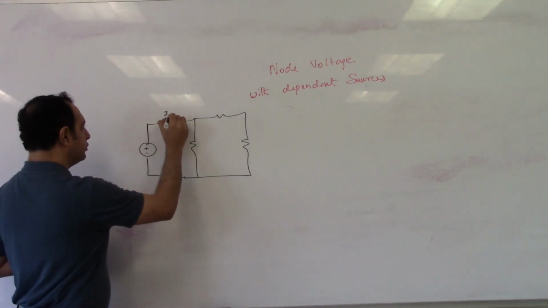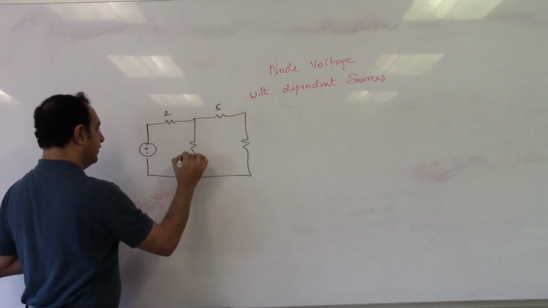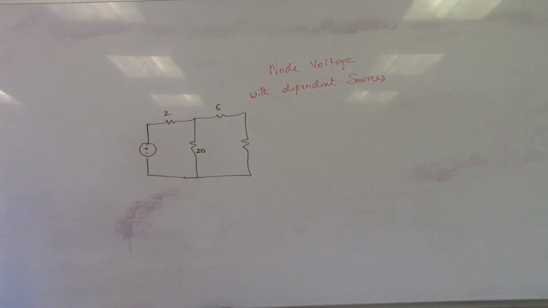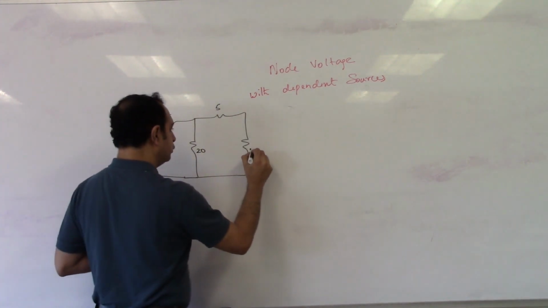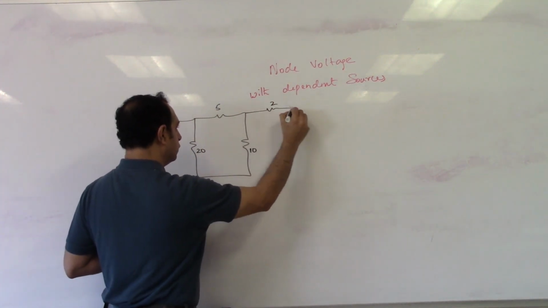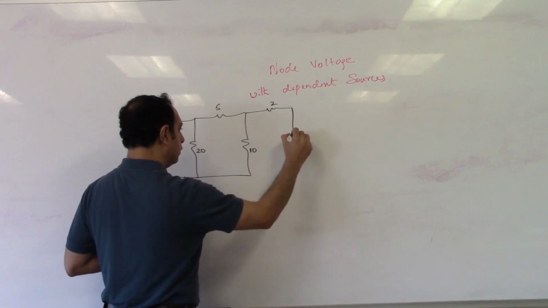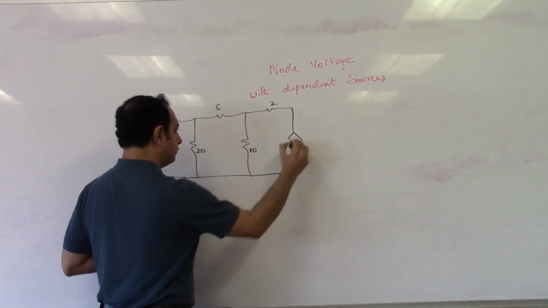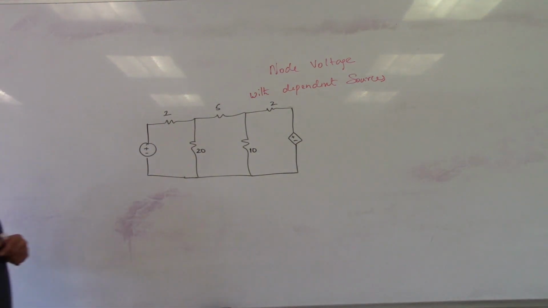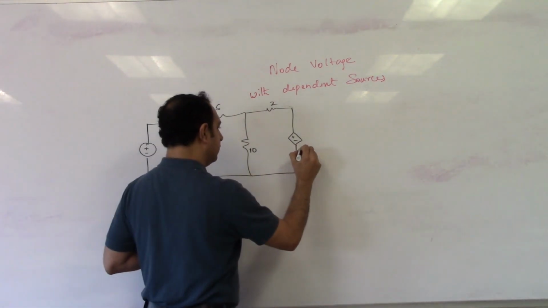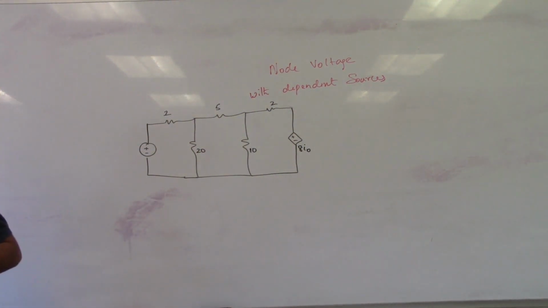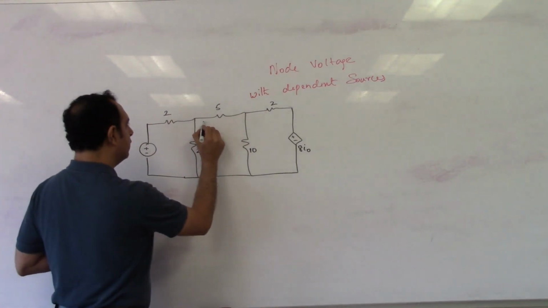So this is 2, this is 5, and this is 20 volts. And 10, 2. Okay, and this is 8 I naught, where I naught is equal to this current.